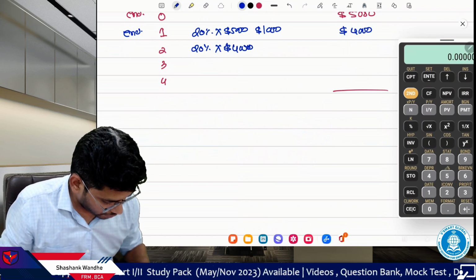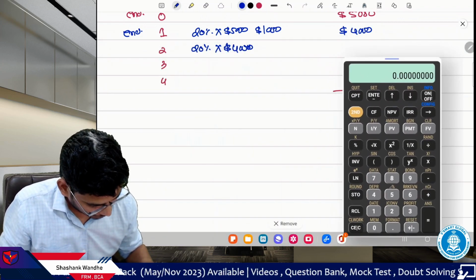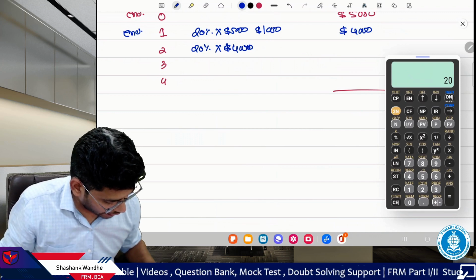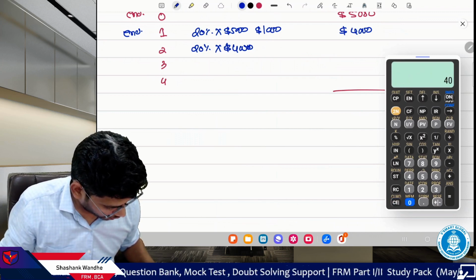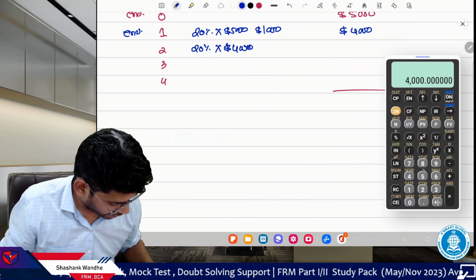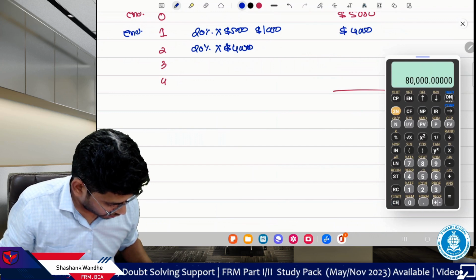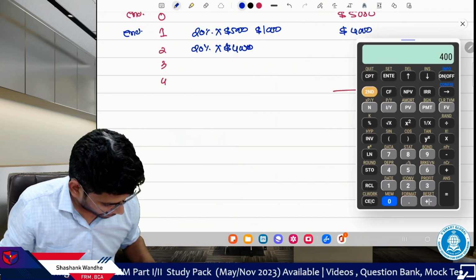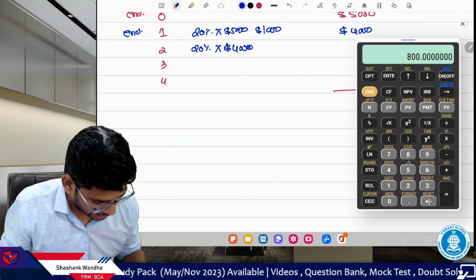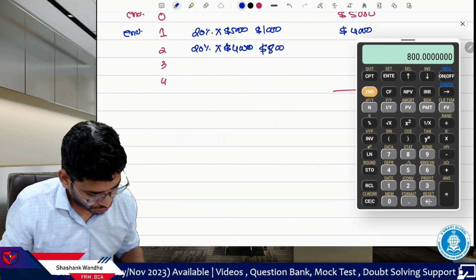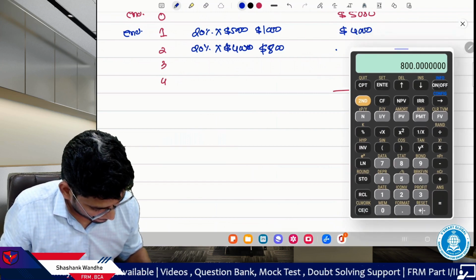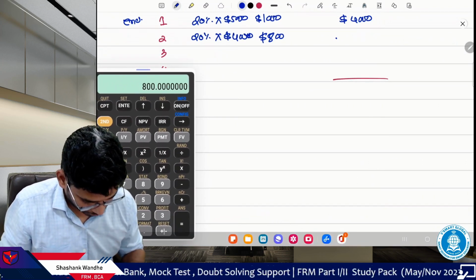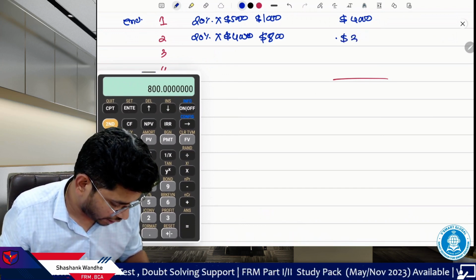So 4,000 multiplied by 20% equal to 800. $800 charged to depreciation. Leftover value is $3,200.